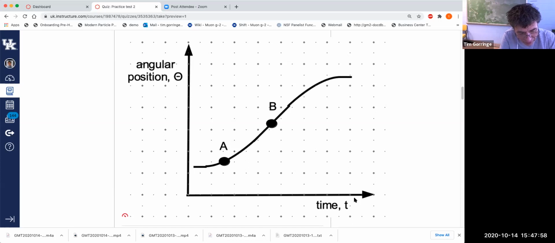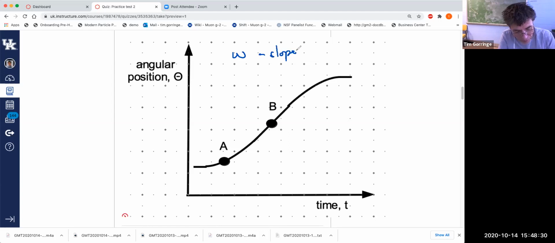So the key thing about these graphs is that if you want to see the angular velocity on an angle versus time graph, it's the slope.